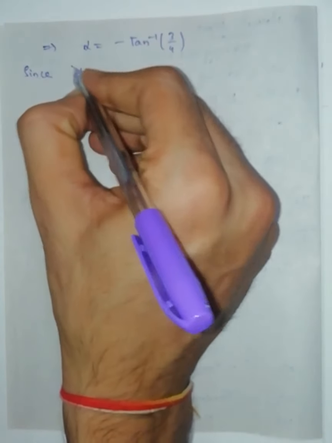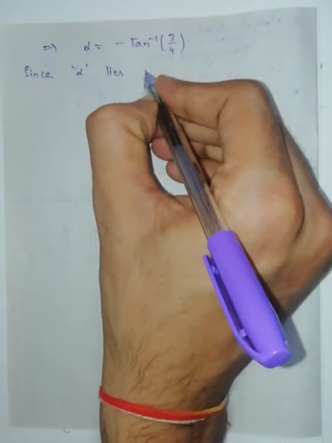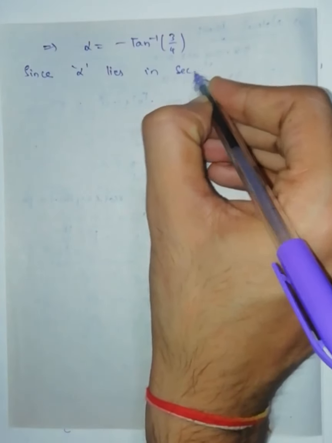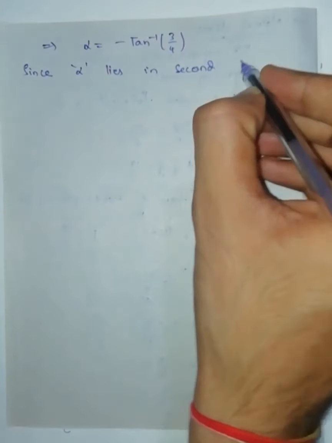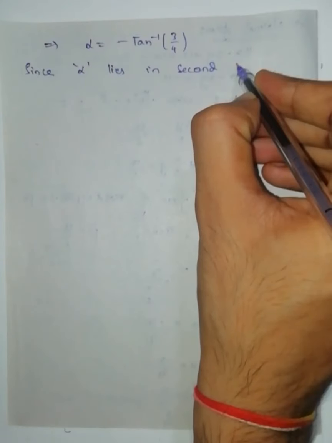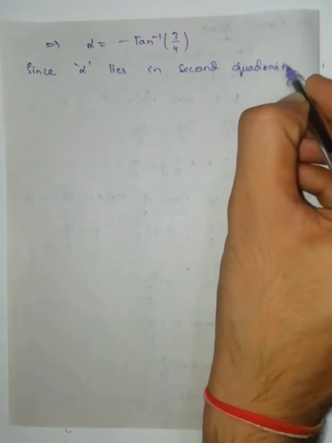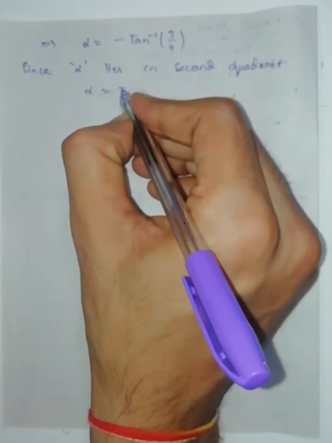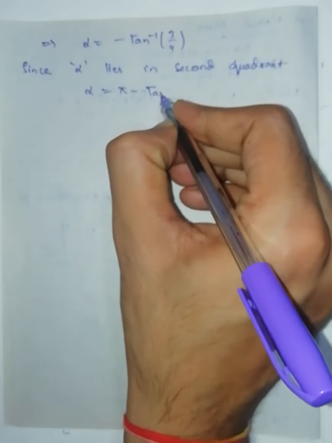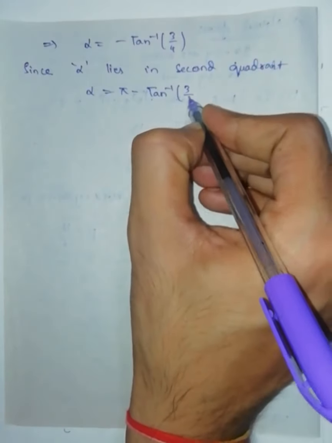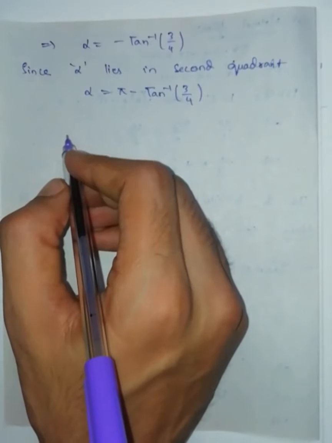Since alpha lies in the second quadrant, how am I saying second quadrant? Because sin is positive and cos is negative. So alpha can be written as pi minus tan inverse 3 by 4.